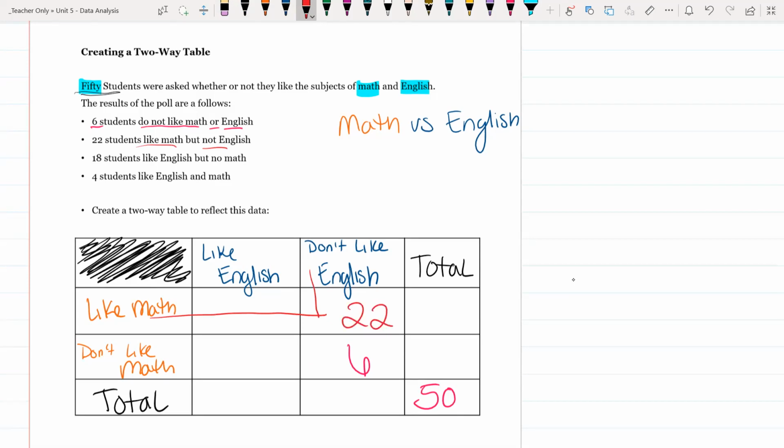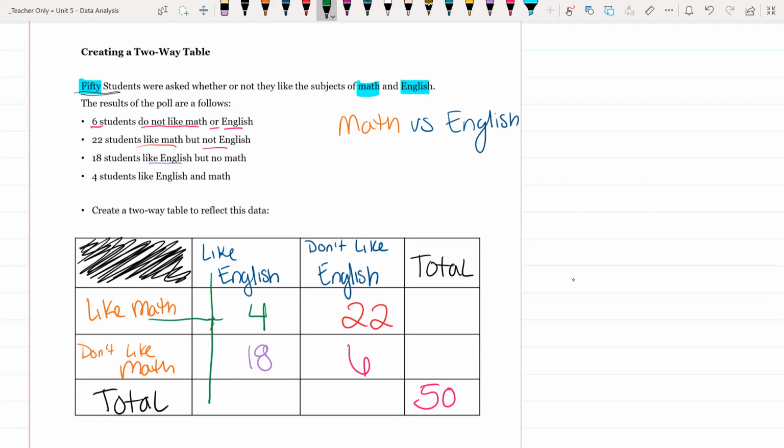So 22 goes there. You see how we're finding where these numbers go? 18 like English, but they don't like math. So 18 goes here. 4 students like both. They like English and they like math. So 4 goes there.